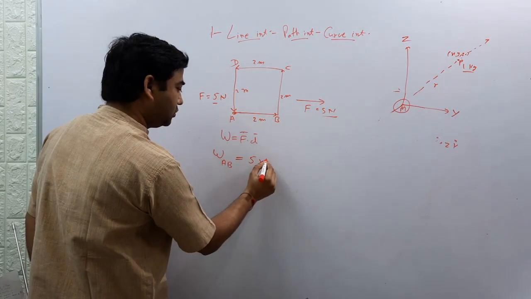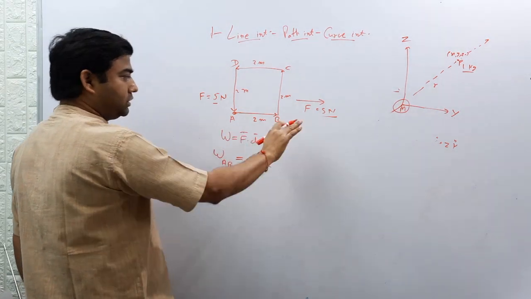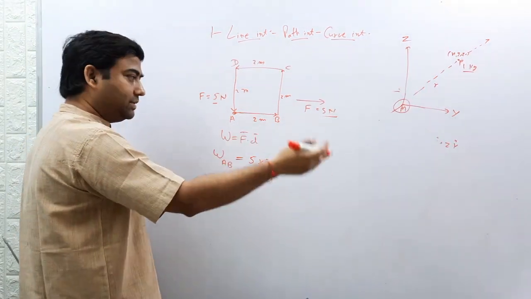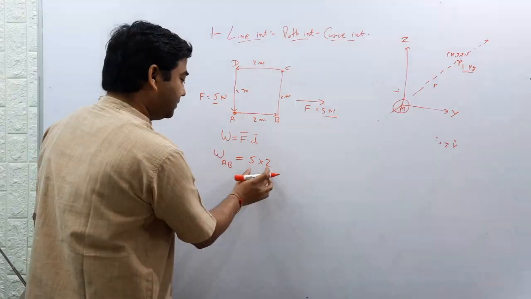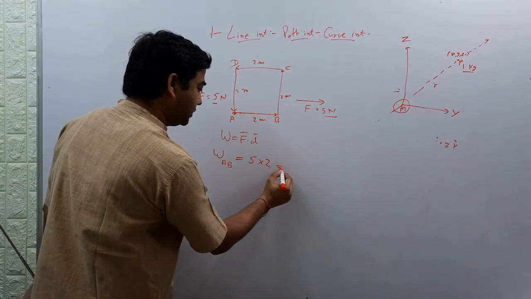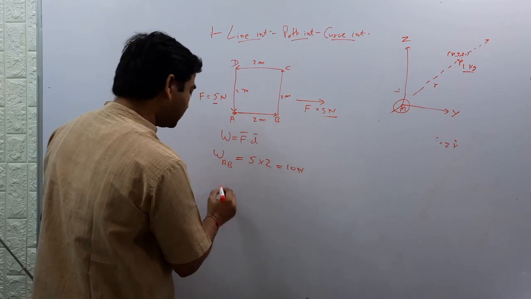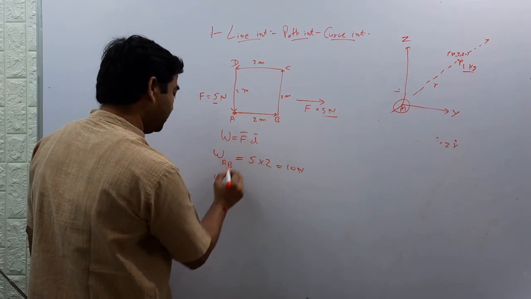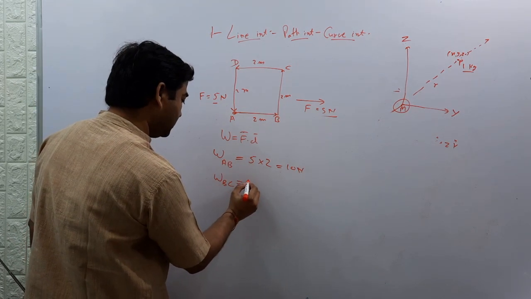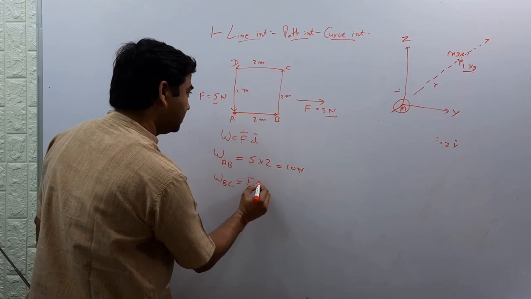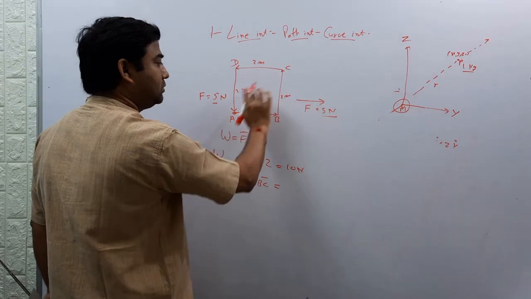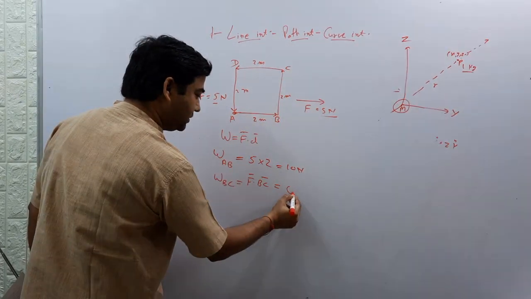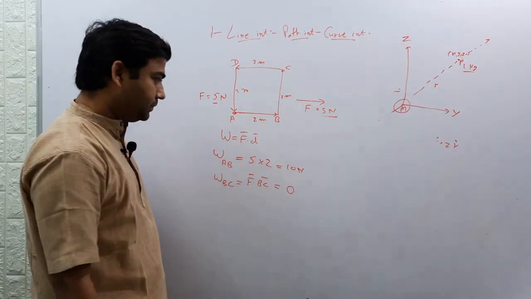Five into 2, because force and displacement are both in the same direction, so the dot product will be simply their magnitude. So this is 10 Newton. Work done from BC, F dot BC. Vector BC is perpendicular to vector F, so the dot product will be 0.